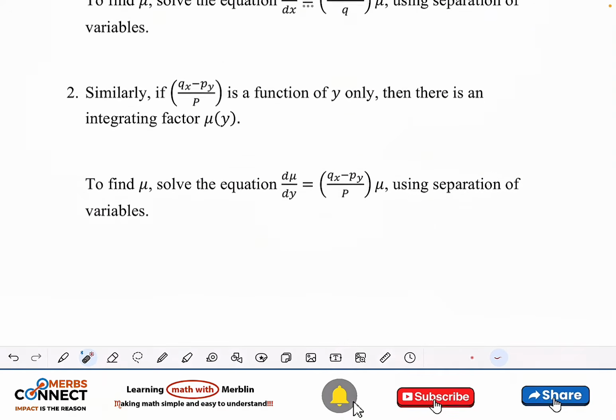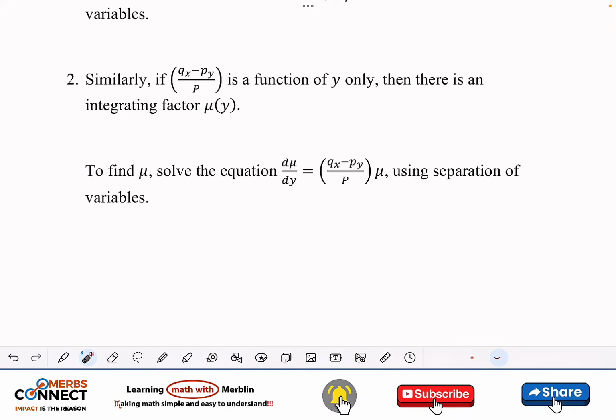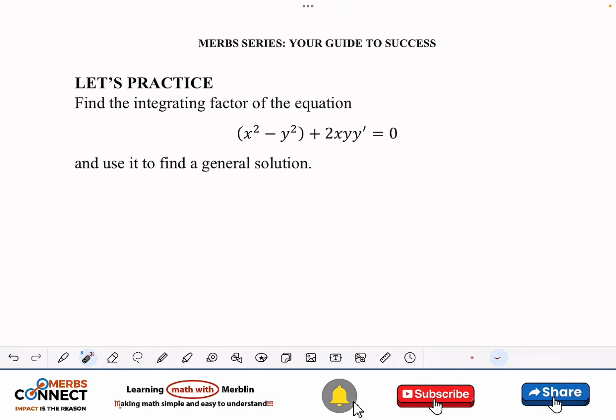So that is basically what we just need to do. Let's go through the process, which is going to help us learn what I'm trying to say. So first we need to check if it is exact. Since the question is telling us straight that we should find the integrating factor, it means that it is not exact.